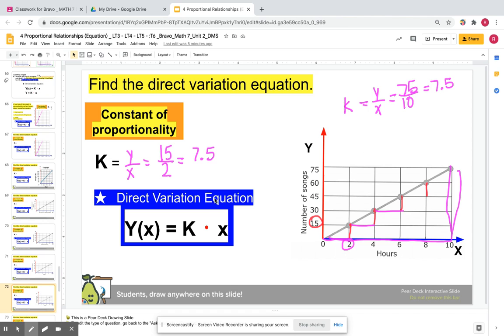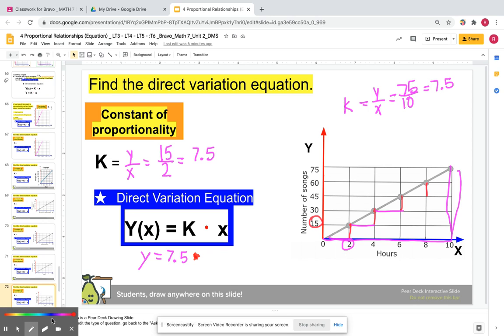Anyways, going back to your direct variation equation, it's in this format. You could write it in this format, or you could write it in a simpler format, which is y is equal to the k value. What is the k value for that graph? I hope you're able to respond. It's 7.5, and it's times, I'm using the asterisk symbol. It's located on your number 8 key; you just click Shift 8.